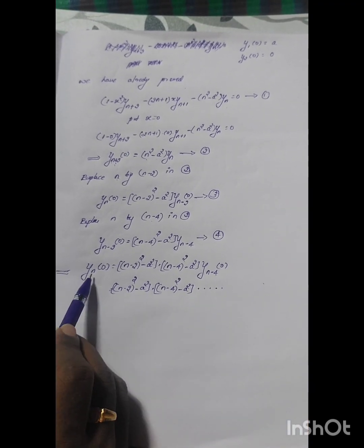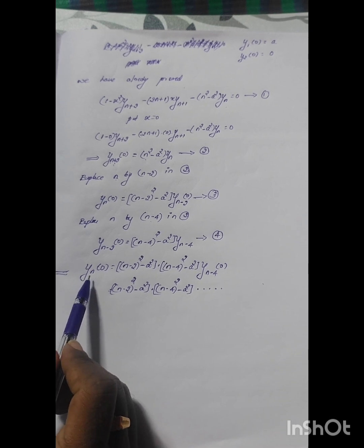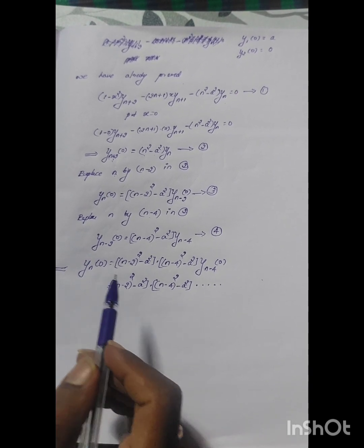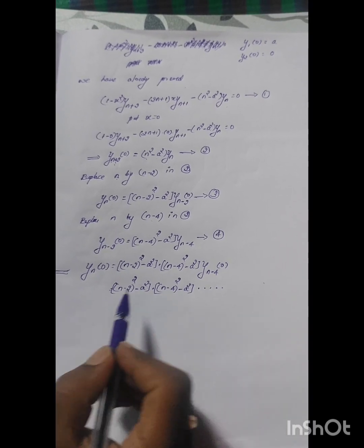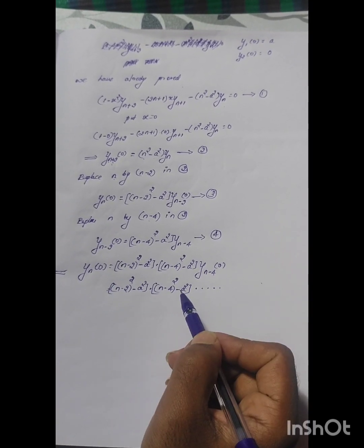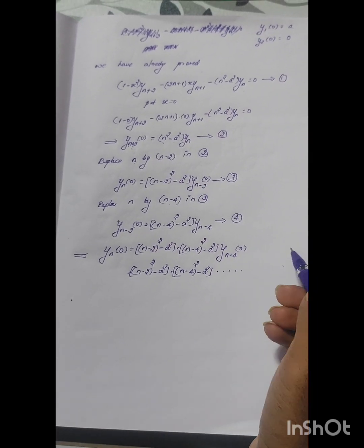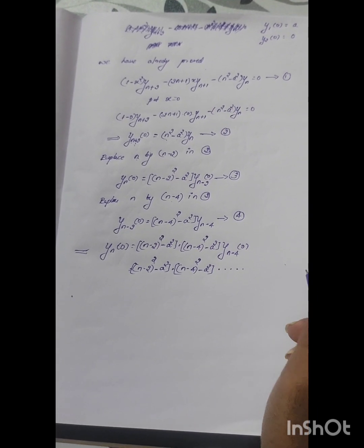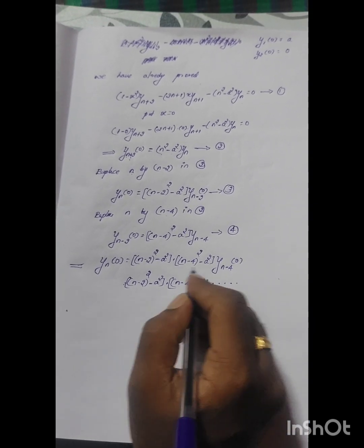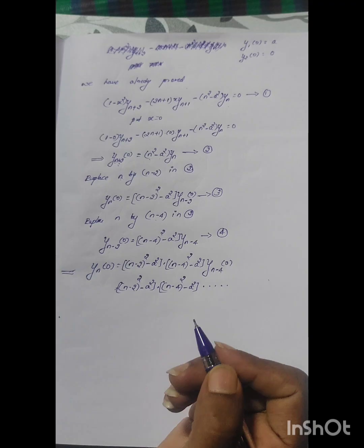When n is an even number, suppose it is 10, we get 10 minus 2, 10 minus 4, 10 minus 6, 10 minus 8, and when it comes to 10 minus 8, it becomes 2. We cannot go to 10 minus 10, since that would be 0. So how do we find the last term?